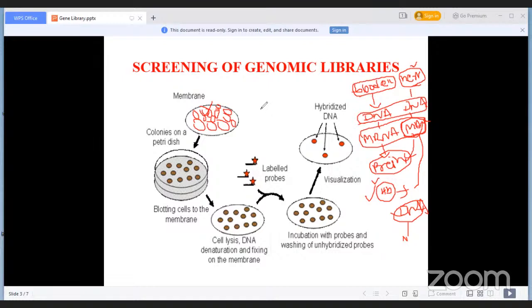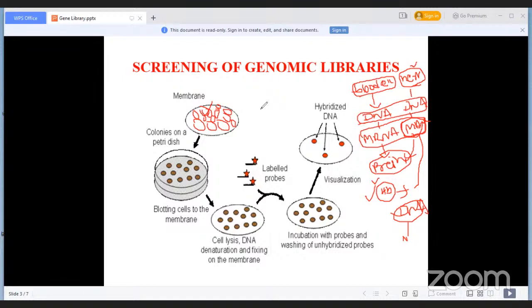The genomic library is a large collection of clones. What about cDNA? Of course clones, but a large collection of fragmented genomic DNA represents the entire genome of the species. What about the cDNA library? Just a large collection of cDNA copies, but not all.